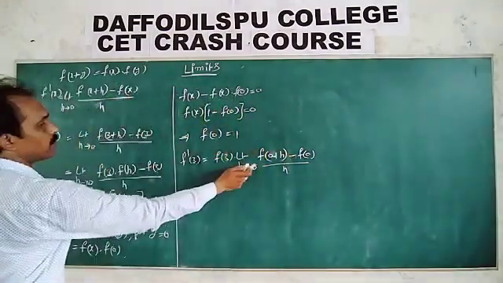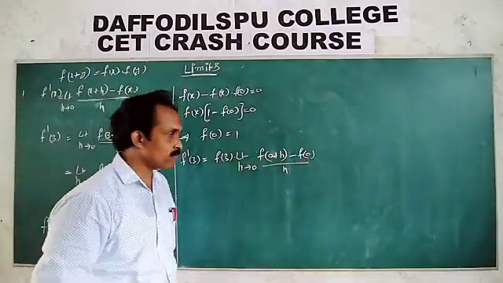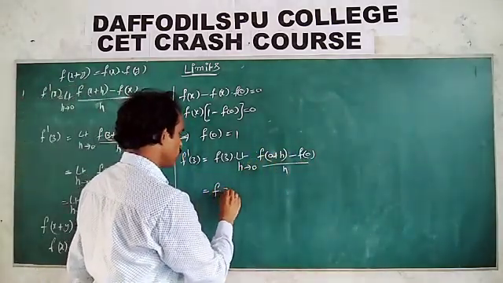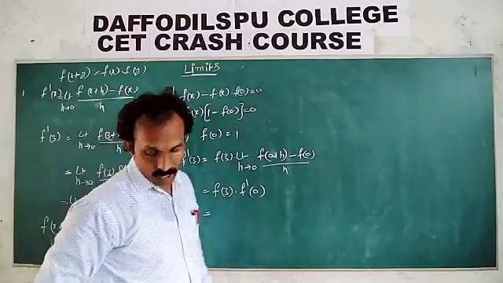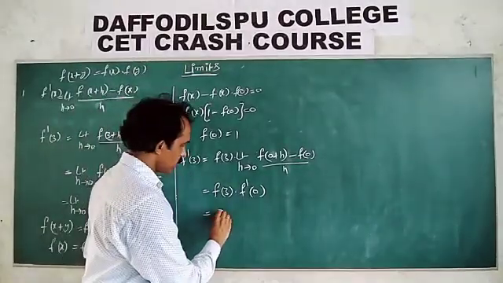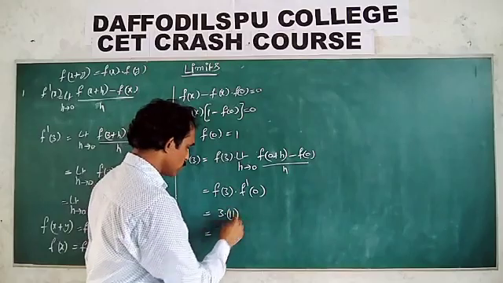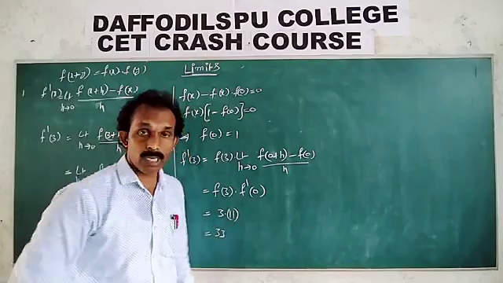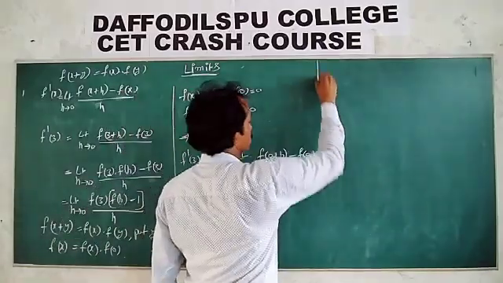This is the formula for f dash x, so f of 0 plus h minus f of 0 by h is equal to f dash 0. The f of 3 value is given as 3 and f dash 0 value is 11. This is equal to 33. Okay, the second option is the correct answer.